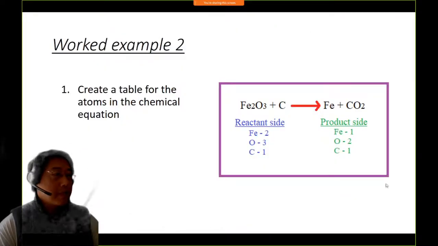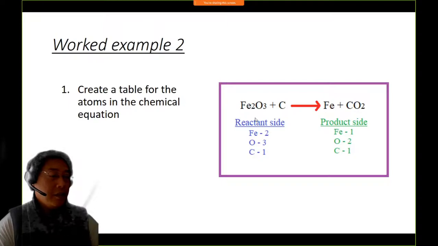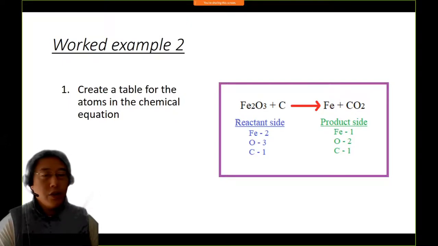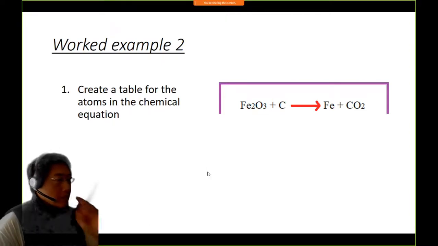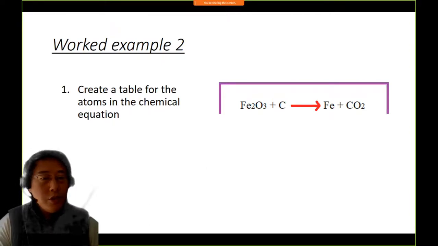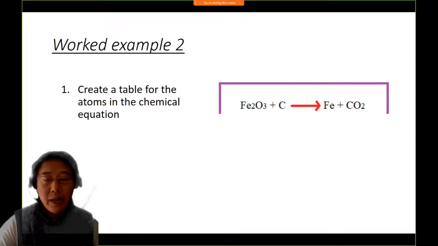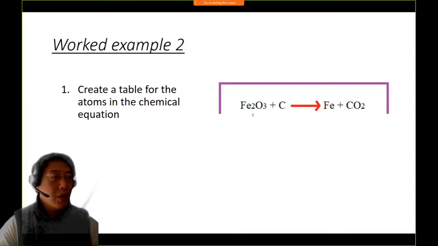You have this equation. So you have iron. All right, so with this equation, what you will need to do is, step one, list all the atoms that you have as reactants and products.